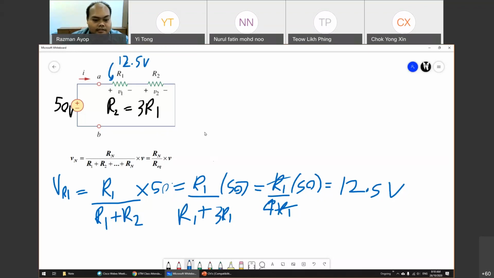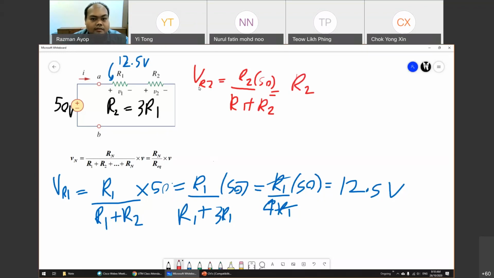How about the second one? VR2 equals R2 divided by the total resistance R1 plus R2. Don't forget the voltage, 50. R1 is R2 over 3, so R2 divided by R2 over 3 plus R2, times 50.